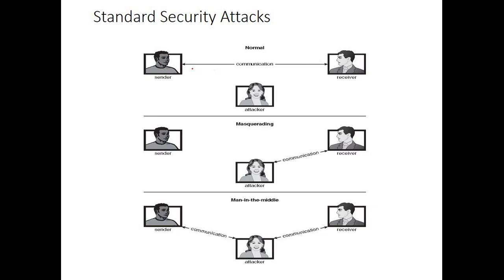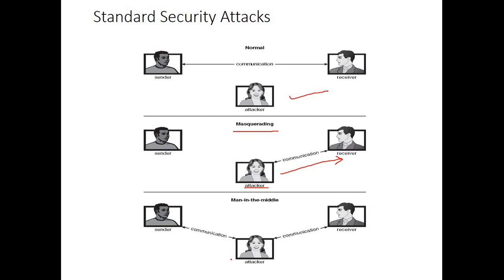Here the sender and receiver are communicating and having some conversation by exchanging messages. The attacker will be watching this conversation between the sender and receiver. In masquerading, after some time, after getting some confidential information about this communication, the attacker will communicate with the receiver as if the sender is communicating to the receiver.